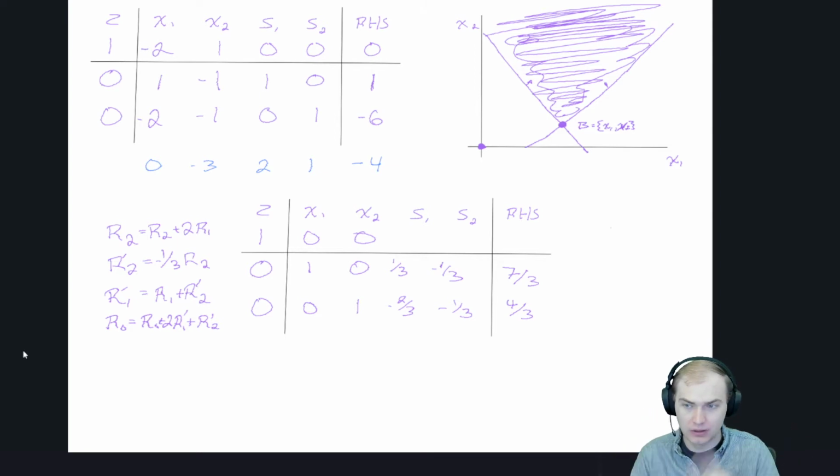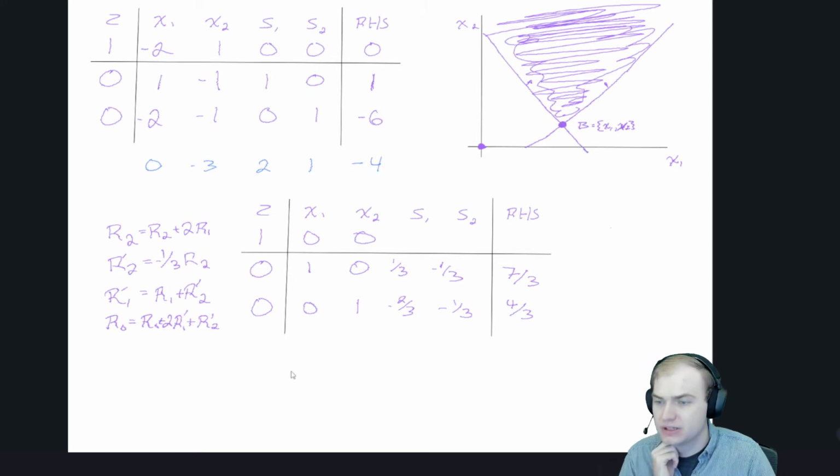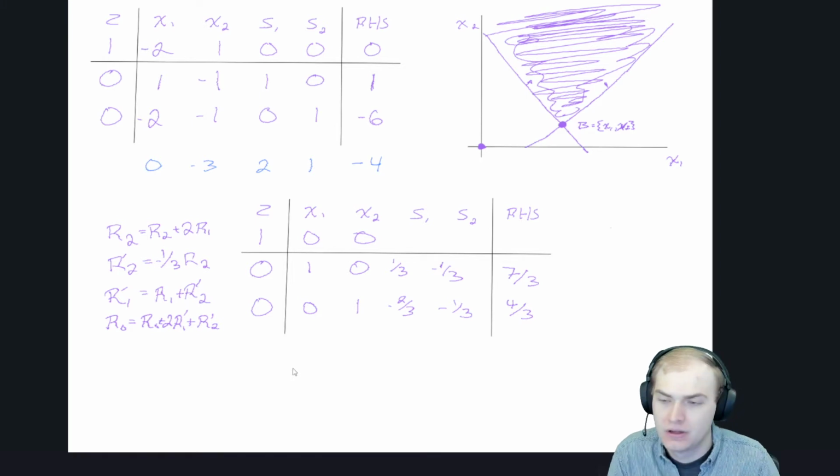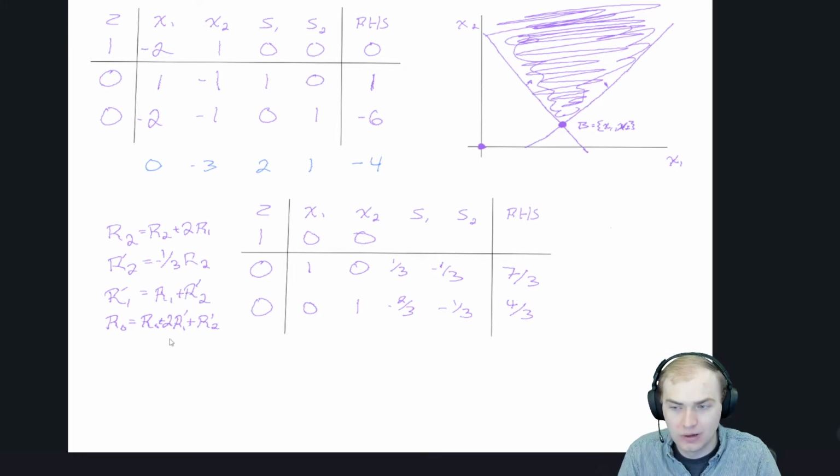So we'll only be swapping one row, and the row operations are much simpler. The other way to do this potentially is if you feel more comfortable with the matrix multiplication format, you could use that if you wanted. I think it's kind of gross, so I use row operations.